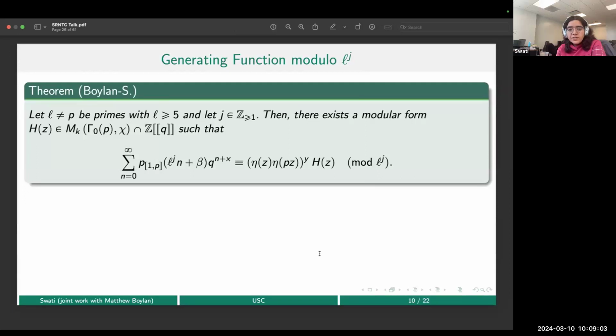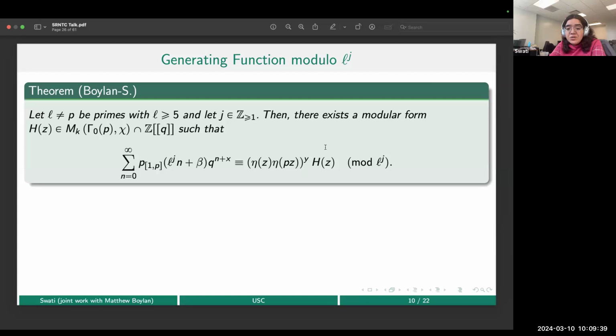So, moving on to the first result. If we take l and p to be distinct primes with l at least 5 and j a positive integer, then we can identify the generating function for our partition function p_1(p), lying in this arithmetic progression, as an eta quotient times a holomorphic modular form of weight k and level p with integer coefficients, and that holds modulo any prime power.